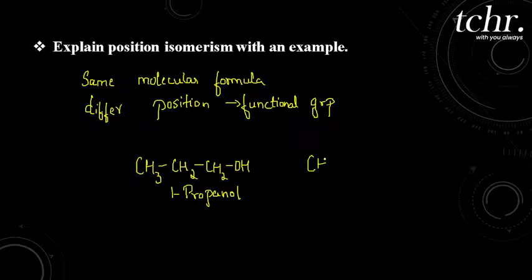Whereas if I write the compound as CH3CHOHCH3, students, observe these two examples that I have written. They have the same number of carbon atoms, same hydrogen as well as same number of oxygen, but this is 1-propanol whereas this one is 2-propanol, right?